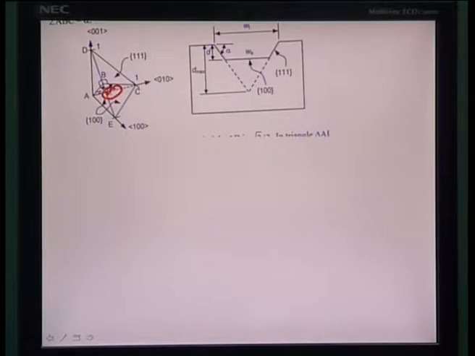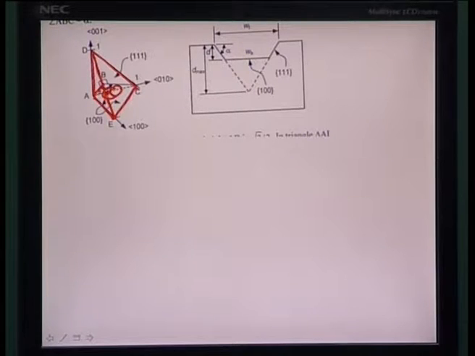So, based on the crystal structure, the angle between the fast etching plane 100 and the slow etching plane 111 can be represented here by the angle alpha. Alpha is the angle between the 100 plane and the 111 plane, the 111 plane of course being this triangle, and this is the 100 plane.